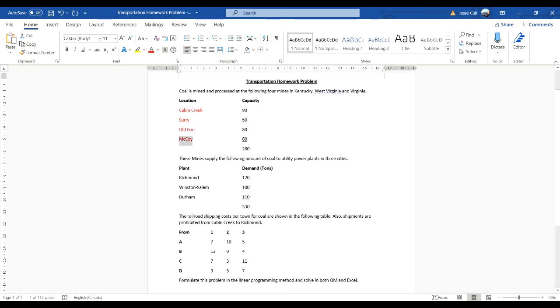All four of these mines are located in Kentucky, West Virginia, and Virginia, but they're not critically important to the problem at hand. So what we're going to do is call it Cabin Creek Mine for clarity, Surrey Mine for clarity, Old Fort Mine, and McCoy Mine.